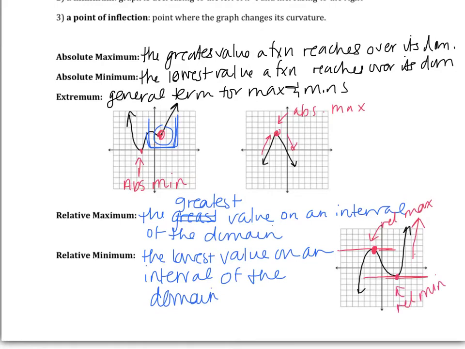But notice on the right, my graph is increasing, which means there are going to be greater values in my domain than the one right here. And my graph on this side is decreasing, meaning there are going to be lower values than my relative minimum. So there are going to be different absolute maxes and mins, but within the domain that I can see on this graph, this is the maximum point and this is the minimum point. So those are relative maximums and minimums.